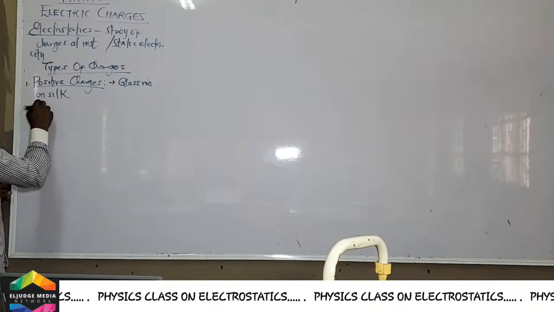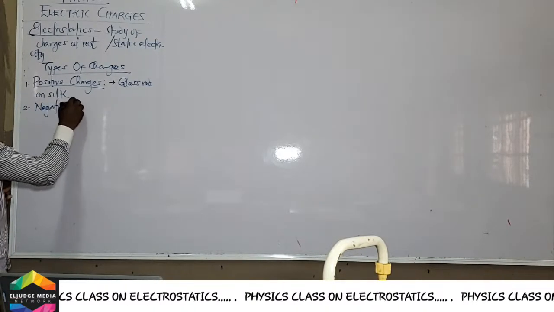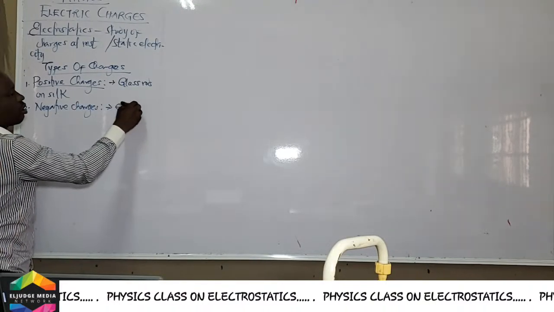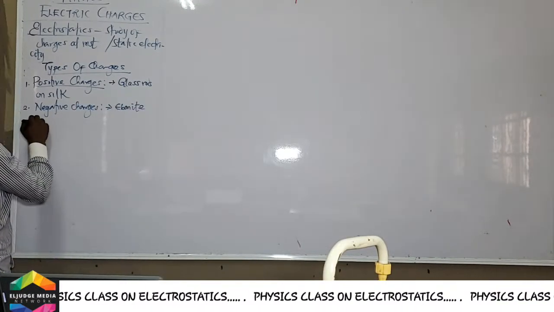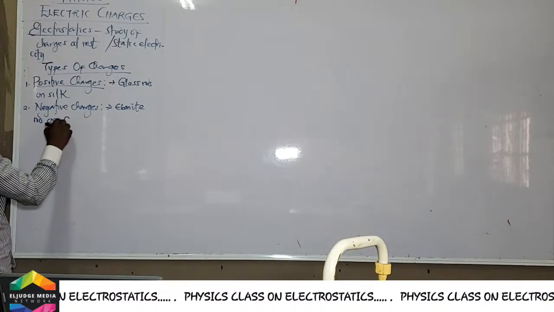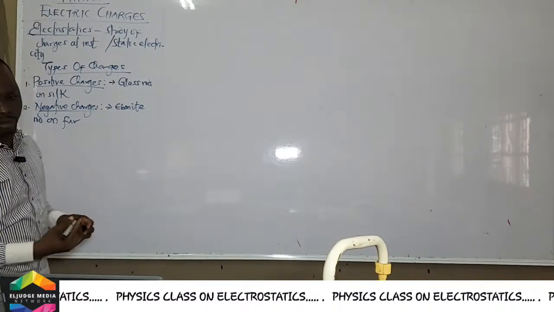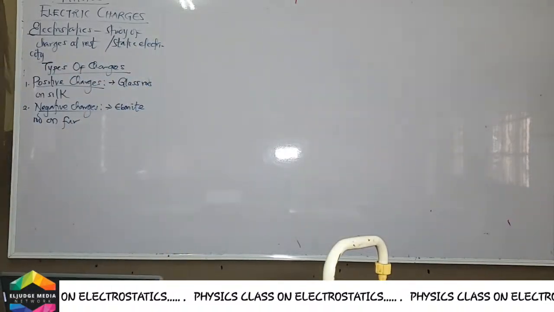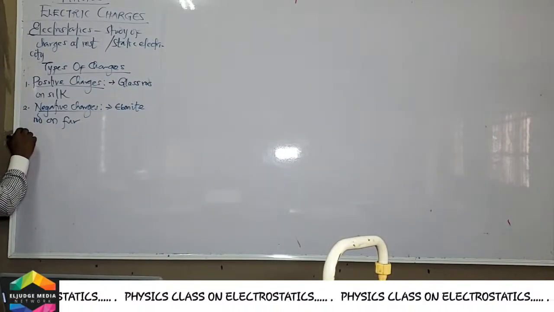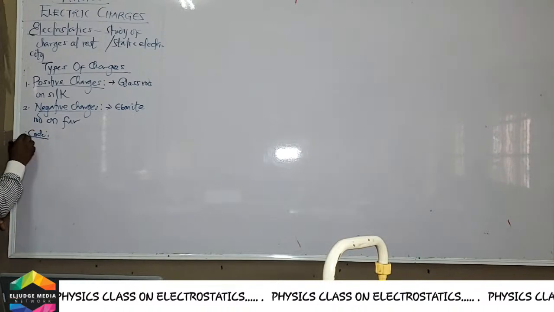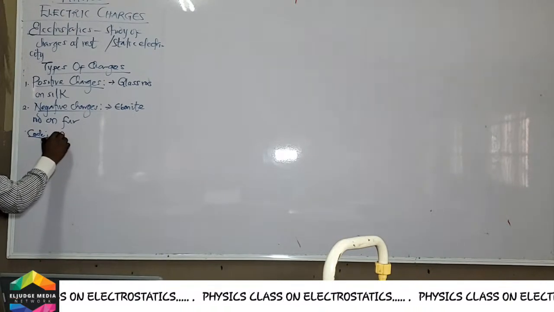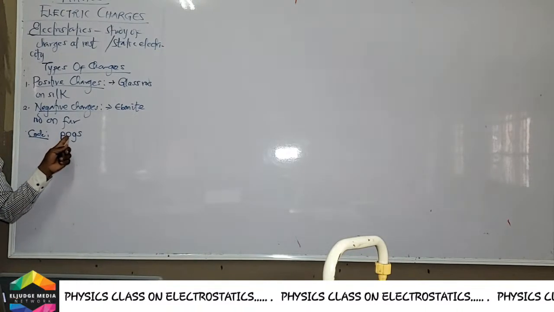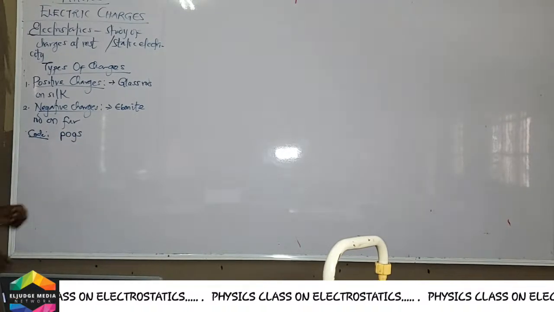And for the negative charge, this ebonite rod on fur. I use a small code so that students will not forget it. Write the code here. For positive charge, hugs: glass on silk.